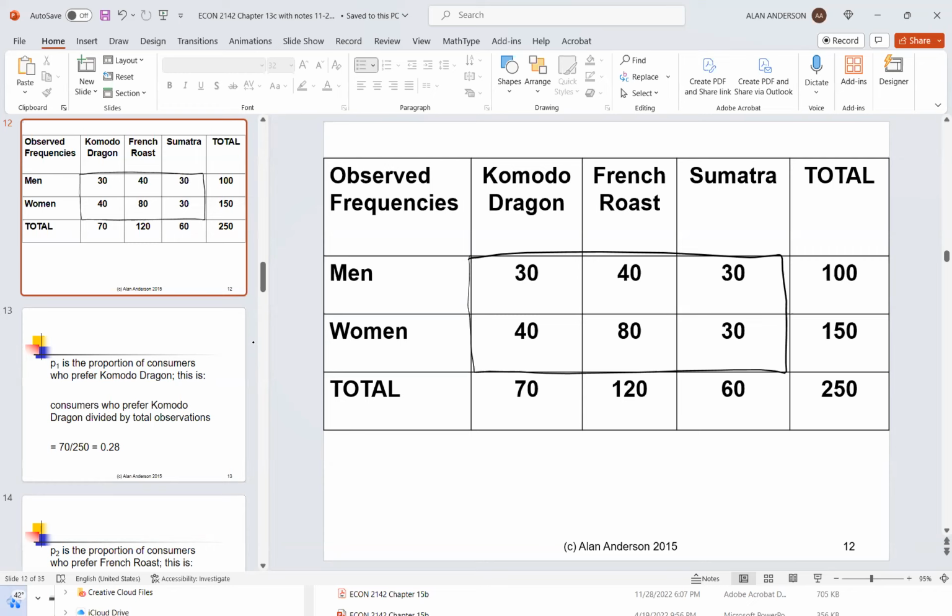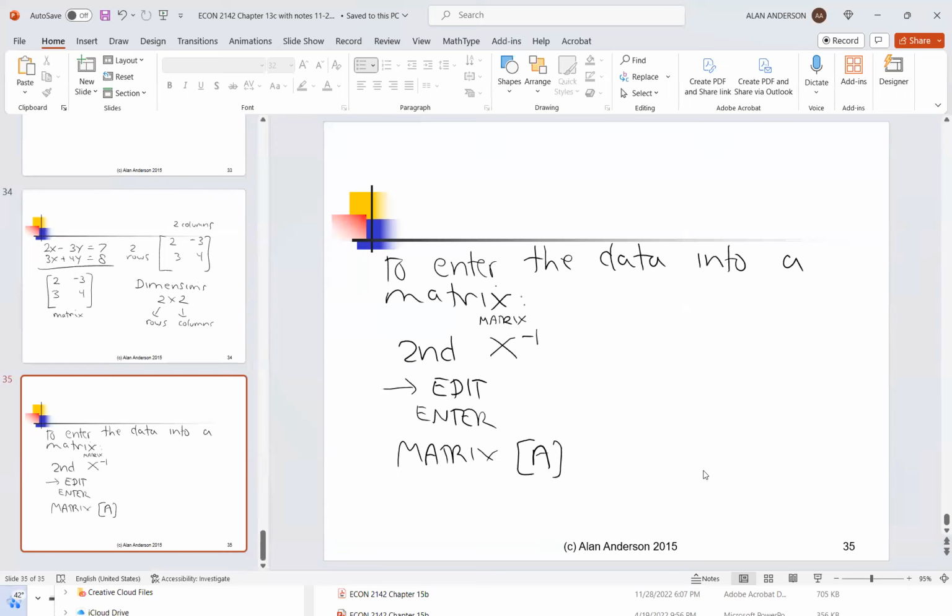So what you're going to do, if it doesn't already say so, you have to change the dimensions to 2 by 3. And the way to do that is to actually just type over it. That's all you have to do. And you'll notice there's a huge matrix underneath that name matrix A. Those cells are designed for you to enter your data.